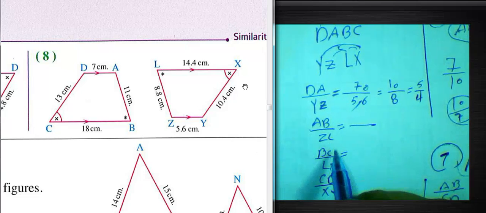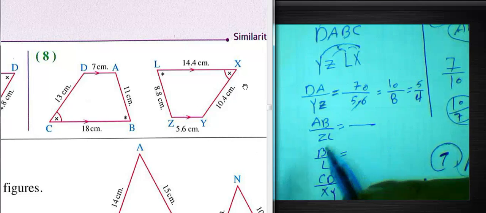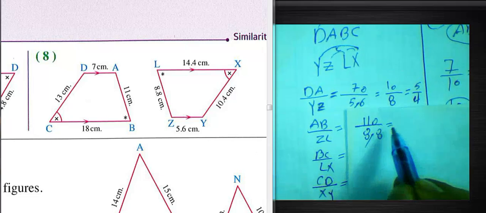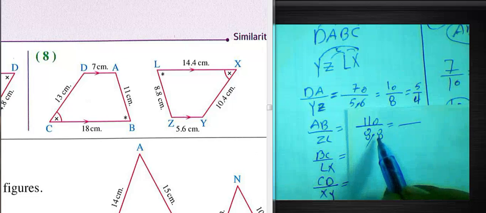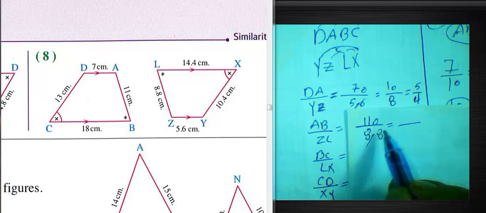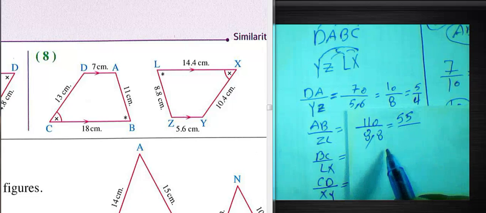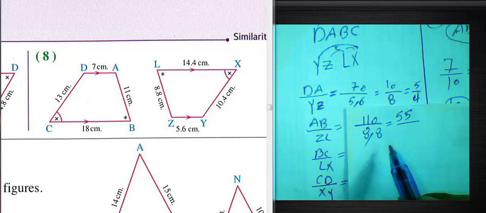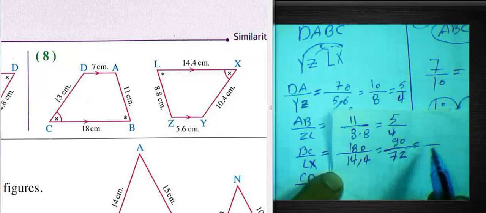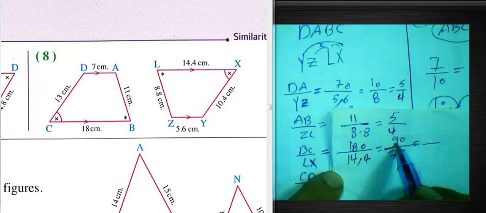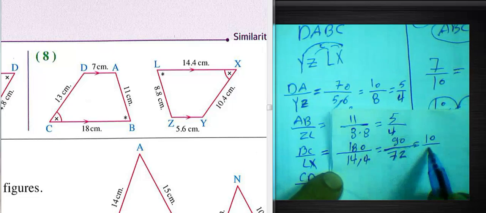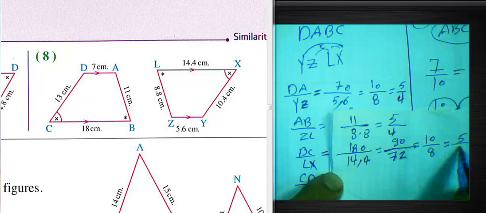AB over ZL, AB equal 18, ZL equal 14.4. Multiply by 10, 180 over 144, divide by 2 equal 90 over 72. We can divide it by 9, 90 divided by 9 equal 10, 72 divided by 9 equal 8. We can simplify by dividing by 2, equals 5 over 4.